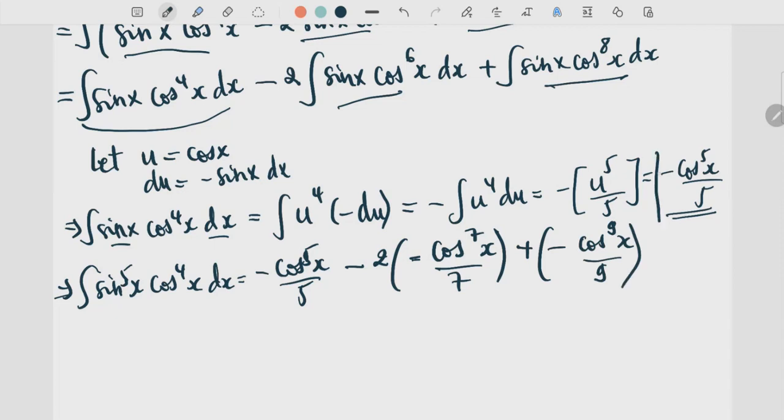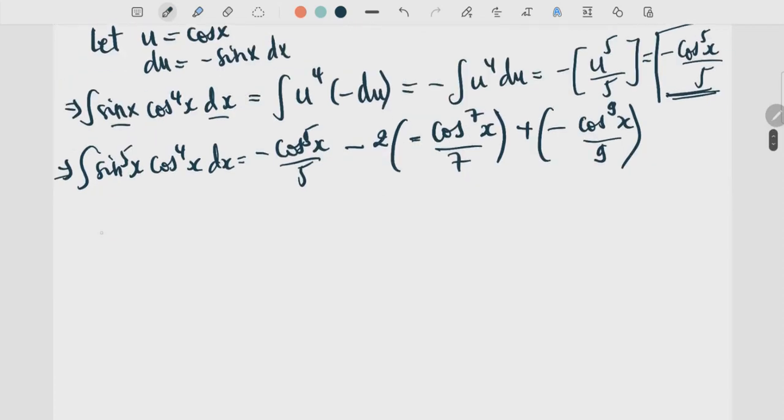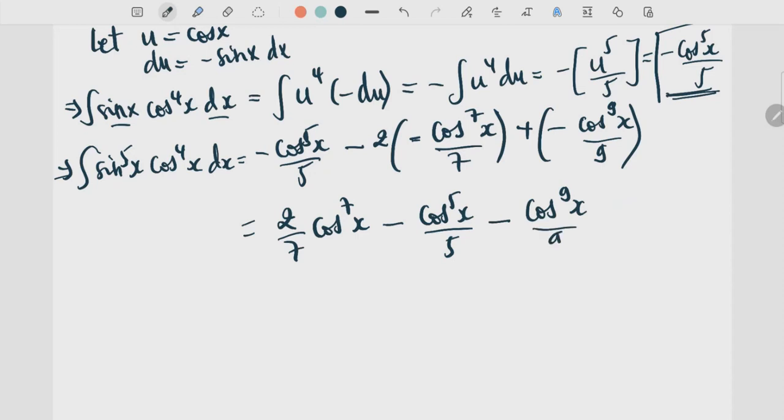So we're just using the same logic we used there. This expression can therefore be simplified further to 2 over 7 cos to the 7x minus cos to the 5x over 5 minus cos to the 9x over 9. This is what the final answer would look like.